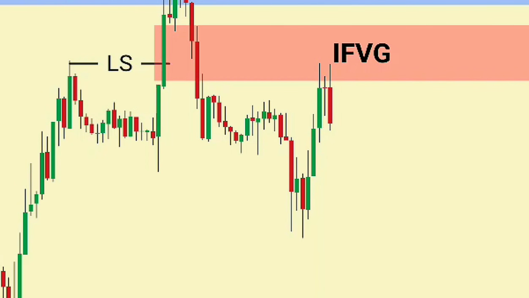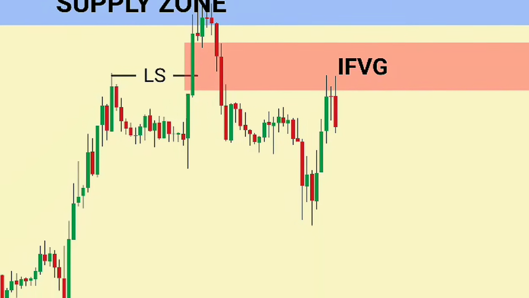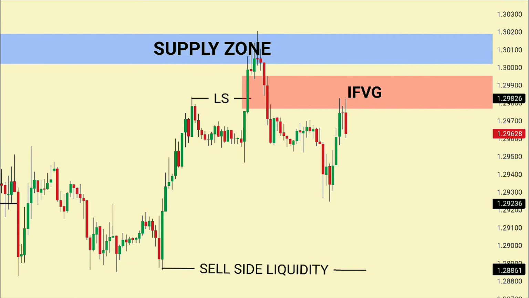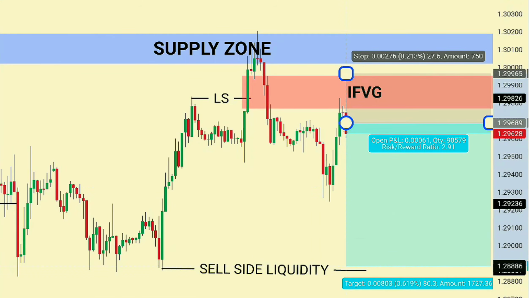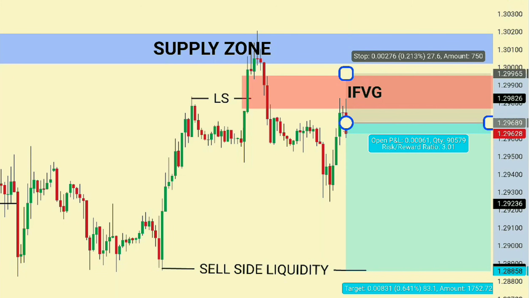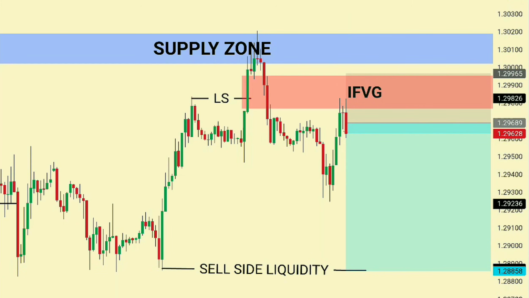This displacement confirms that sellers have stepped back into the market with strength. The combination of the rejection wick and the bearish displacement is the confirmation we've been waiting for. Now we have evidence that price has respected the inverse fair value gap, and this is where we execute our sell entry. Instead of predicting the move, we're simply following what the market has already confirmed.